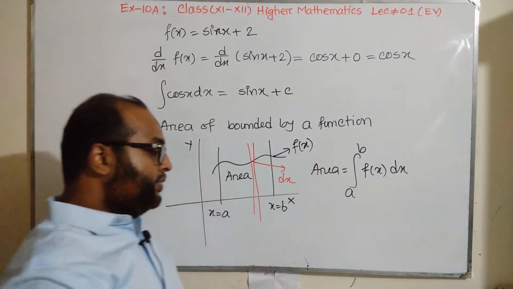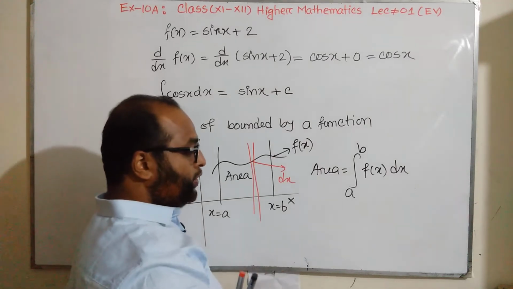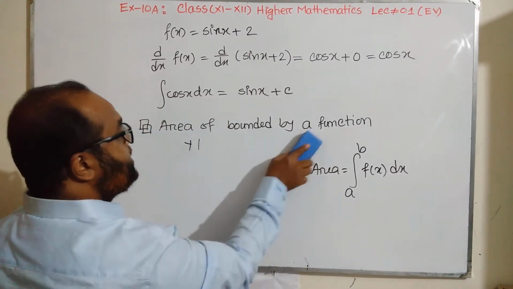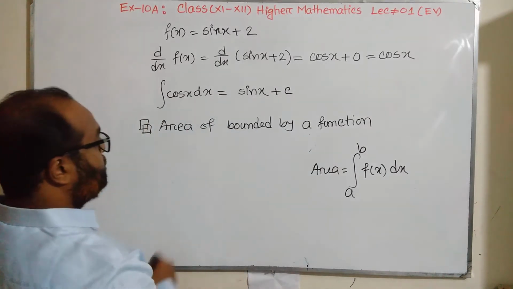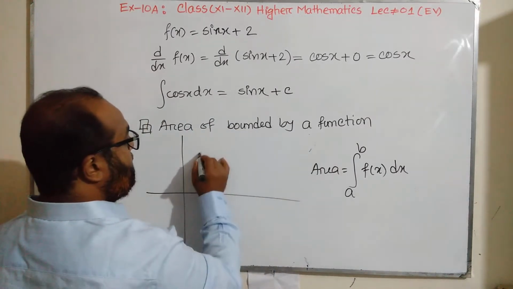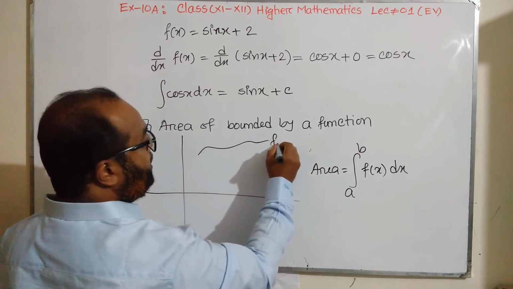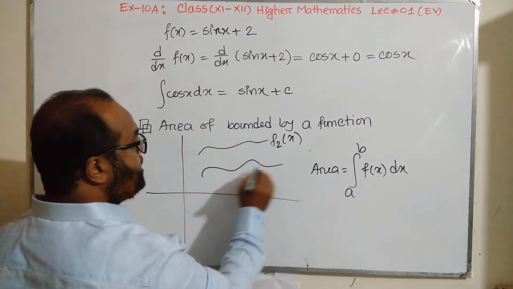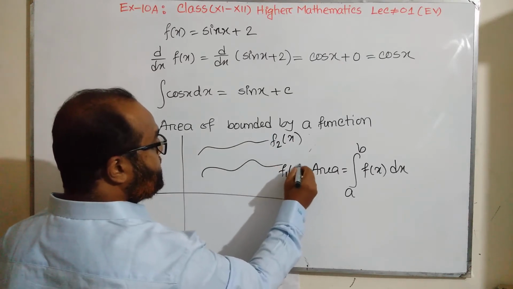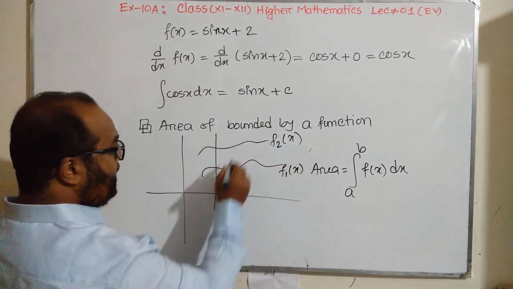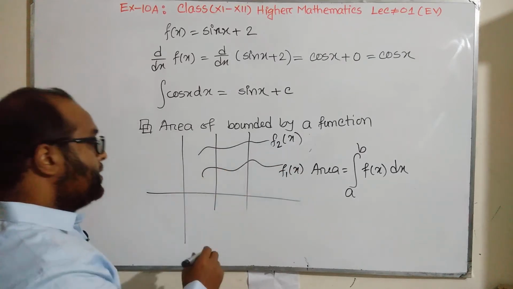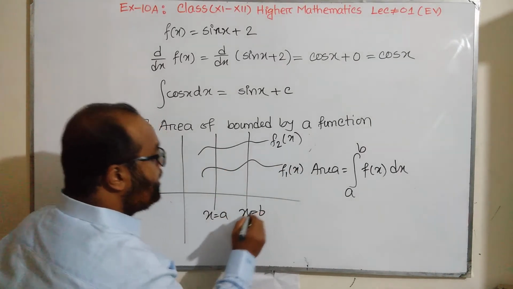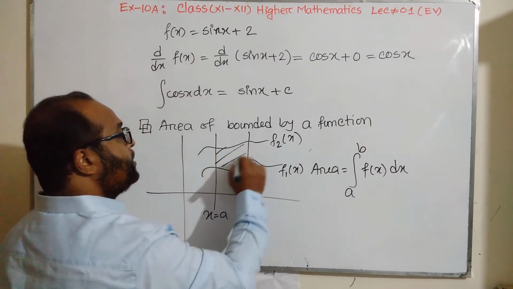And if we have two functions, like one function here, this is f2(x), and another function, this is f1(x), and this area, bounded by x equals a and x equals b, is the region whose area we have to find.